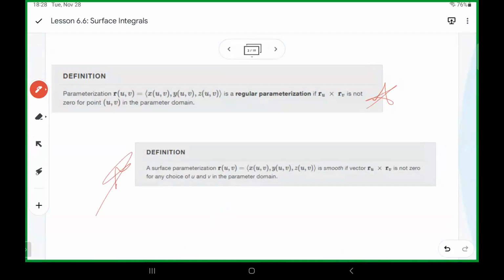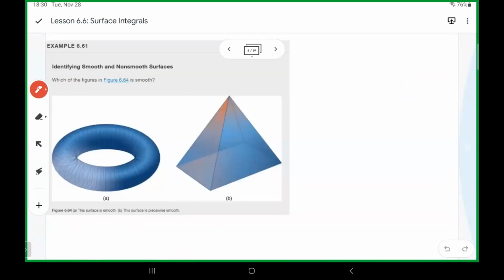Okay, so here's what we're looking at. Which of the following figures is smooth? I mean, obviously, I think you guys could figure out which one is smooth just by looking, but clearly we're going to work through it.